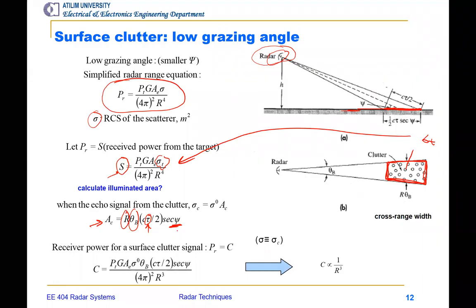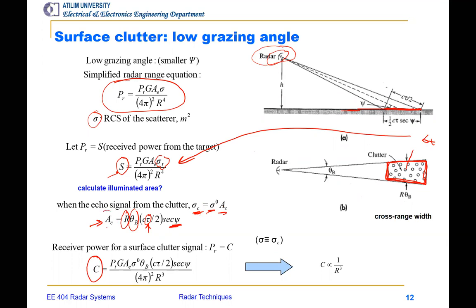Suppose that the clutter cross section here is given as clutter cross section per unit area times AC. Then we can determine the clutter power using this formula.